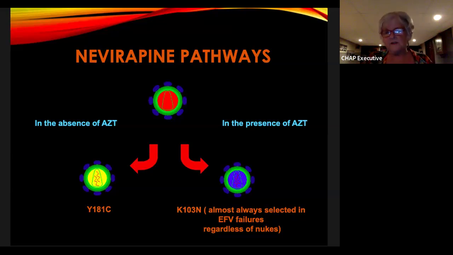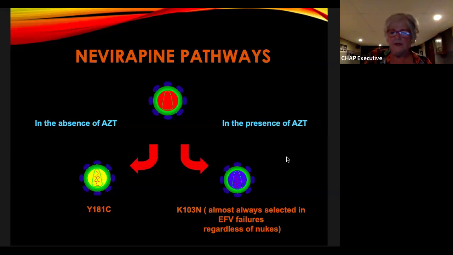So let's look at one of our earlier non-nucleoside analogs, nevirapine. There are two divergent pathways of resistance that seem to develop under pressure from nevirapine as well. The first pathway, in the absence of a thymidine analog, so let's say nevirapine was used with abacavir and didanosine, and not with stavudine or AZT, tends to result in a Y181C mutation.